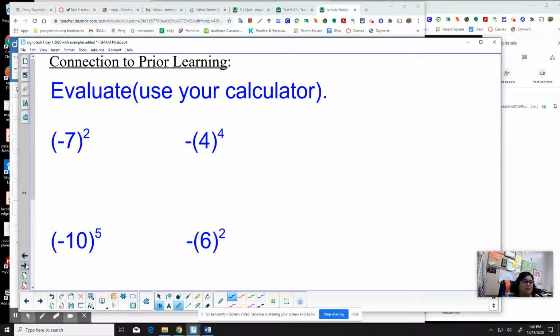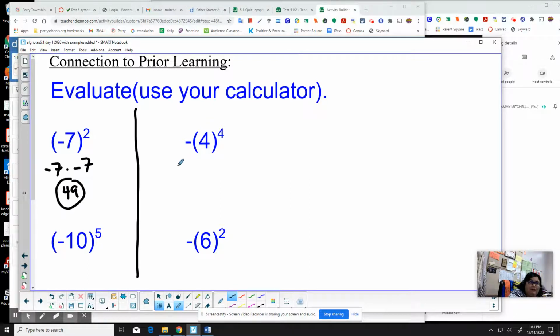All right, so I want you to notice the difference here. I want you to notice that the -7 is inside the parentheses, and so is the -10. And then on the 4 to the fourth, the negative is on the outside. So these are very different kinds of problems. This one just means -7 times -7, which is 49. And if you're putting it into the calculator, you must put the parentheses.